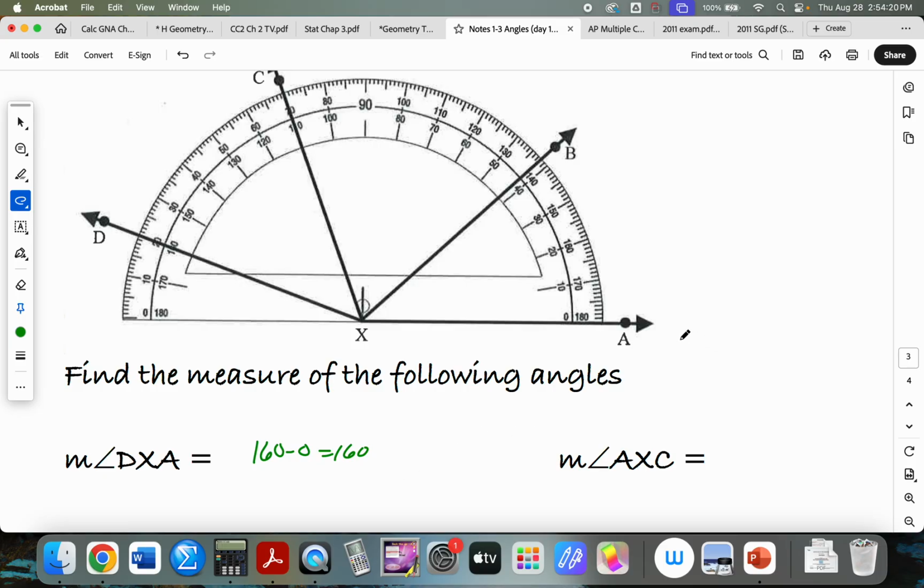But we could also use the outside scale if we wanted to. On the outside scale, what does ray XA go through? 180. And what does XD go through? 20.